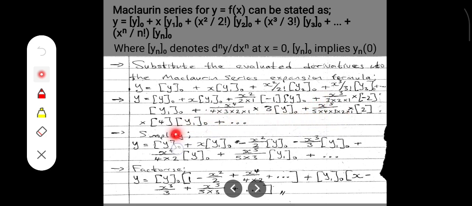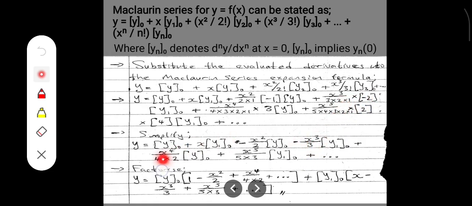Now when we simplify, the first term remains the same, the second term remains the same, but for the third term, minus 1 times plus s to the power 2 is now minus s to the power 2, then 2 times 1 is equal to 2. The next term, minus times plus, here we have minus at the numerator, s to the power 3. Now for the denominator, 2 cancels out, we have 3 left, that is 3 times 1, which is just 3.